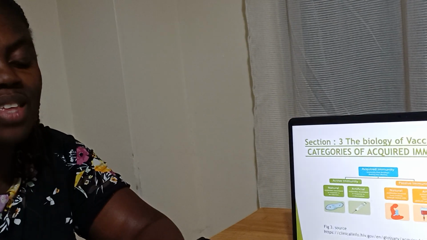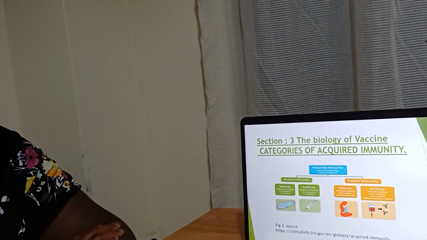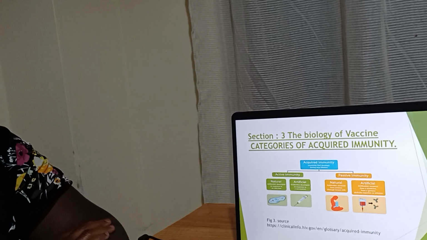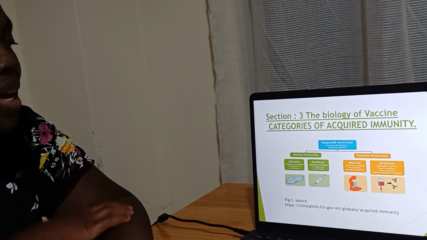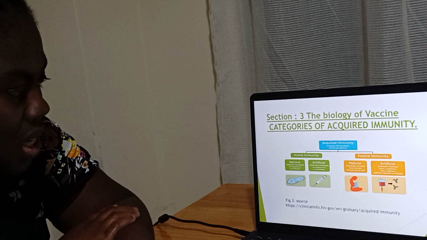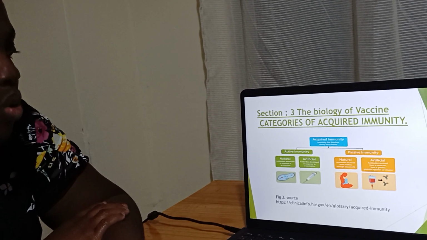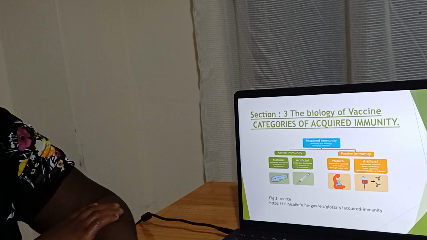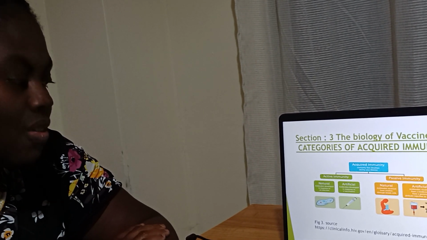And then we have the third section, which talks about the category of acquired immunity. Looking at the picture, we have acquired immunity, which is in two parts: active immunity and passive immunity. With active immunity, we have natural and artificial.